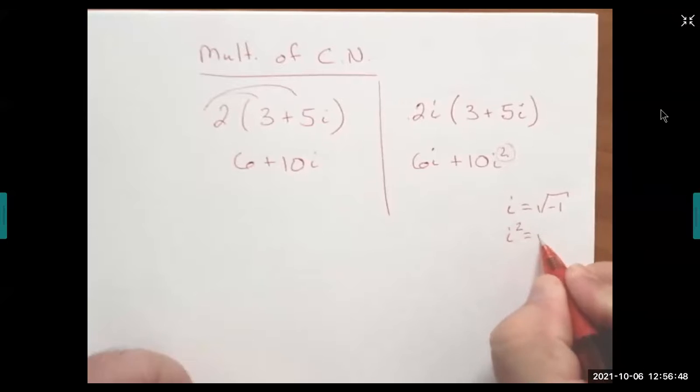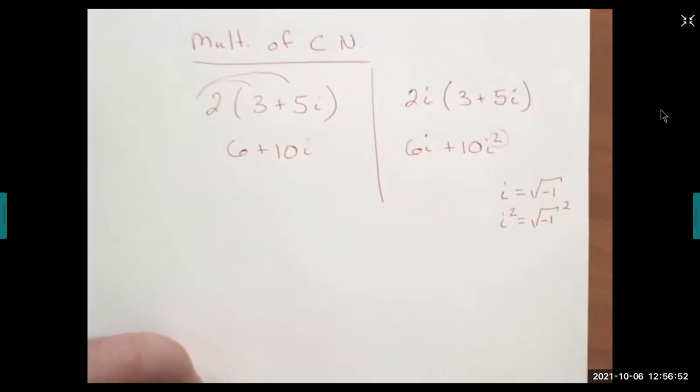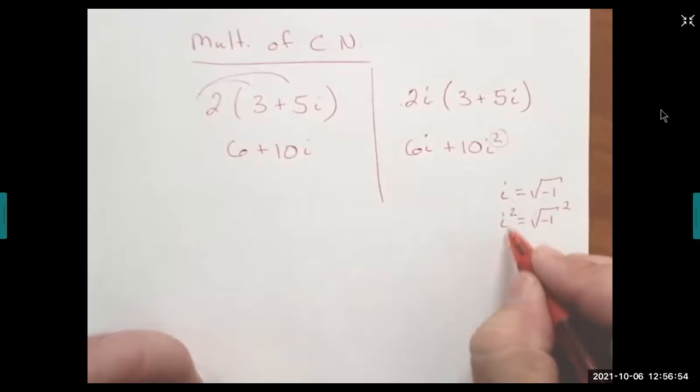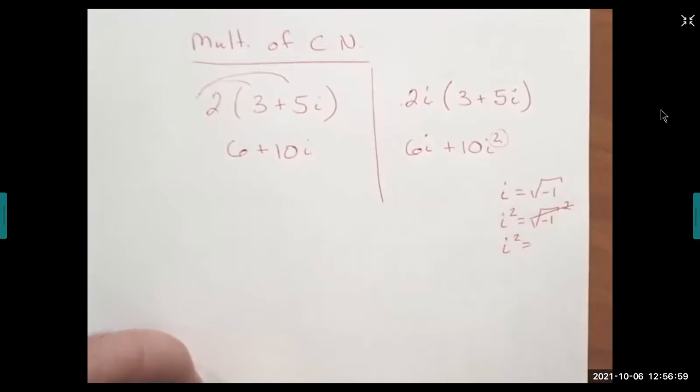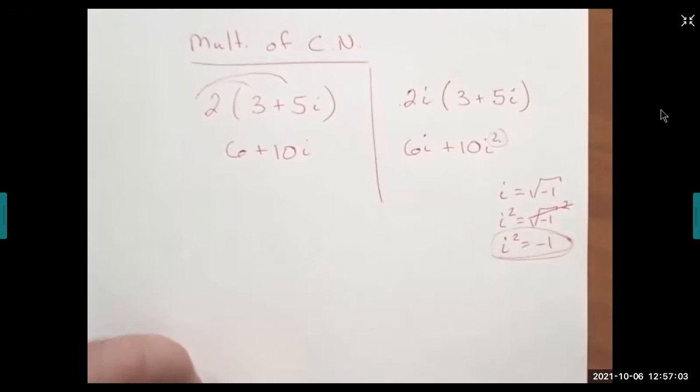What would happen if we squared both sides? Now, i squared, those cancel, equals -1. So anywhere you see an i squared, replace it with a -1. Actually, it means something else even easier in a minute.